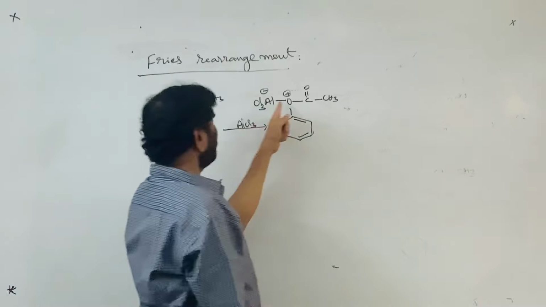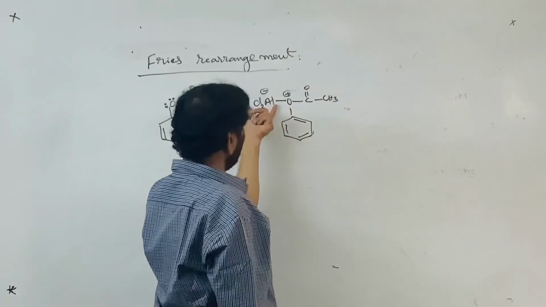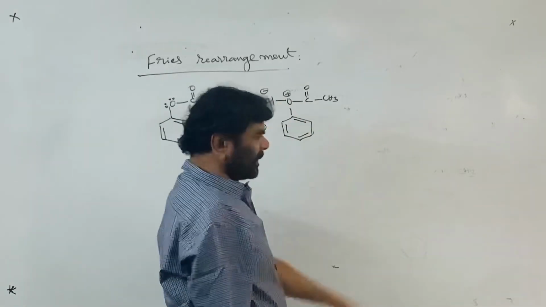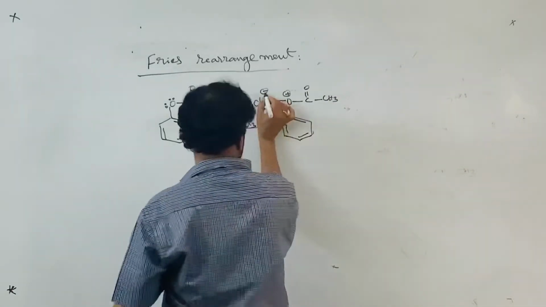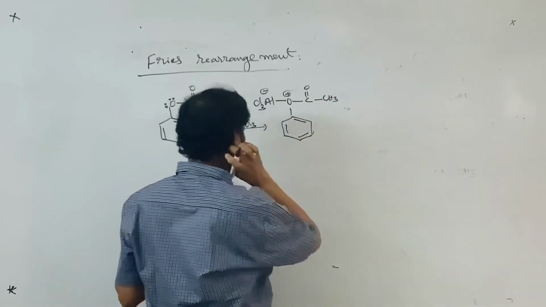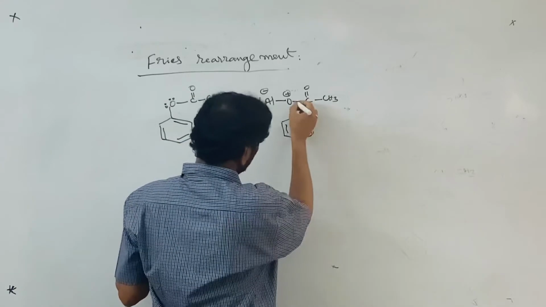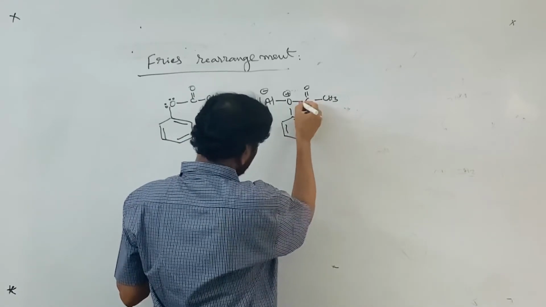The Lewis acid catalyst is coordinating with the lone pair. Now this gets the negative charge, this gets the positive charge. Due to this, this bond breaks.